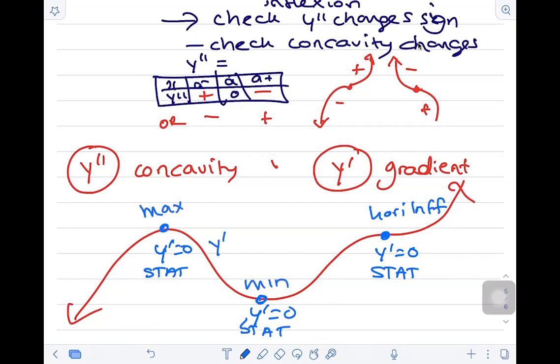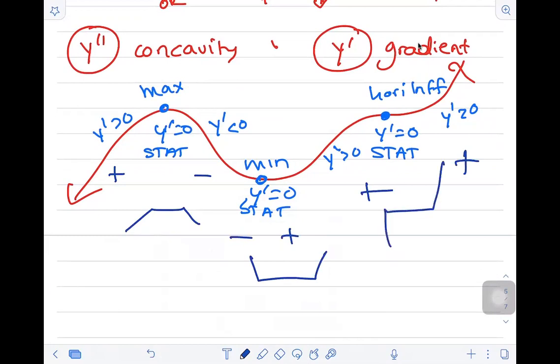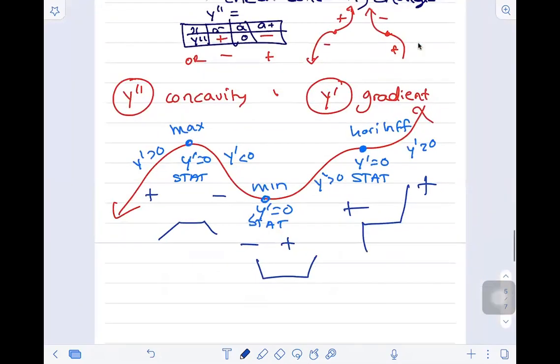The gradient either side, that's negative, that's positive. This one here is positive and positive. So do you notice even for the gradients, it goes from plus to minus for the maximum, from minus to plus for the minimum, and plus to plus for the horizontal point of inflection.